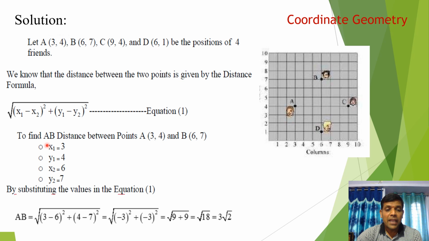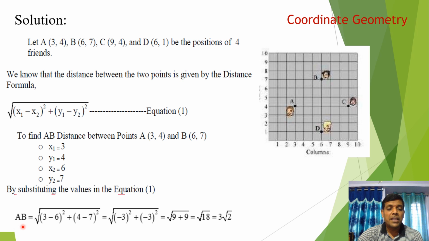Let us find AB, the distance between A and B. A is (3, 4) and B is (6, 7). So write down the coordinates: x1 equals 3, y1 equals 4, x2 equals 6, y2 equals 7. Replace the coordinates in the distance formula.